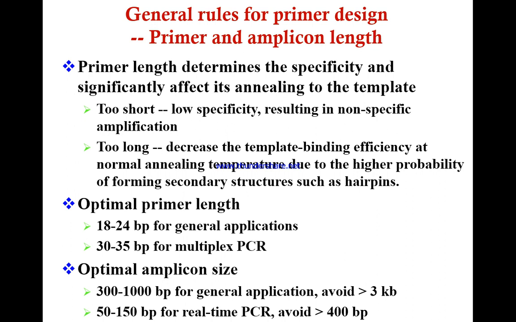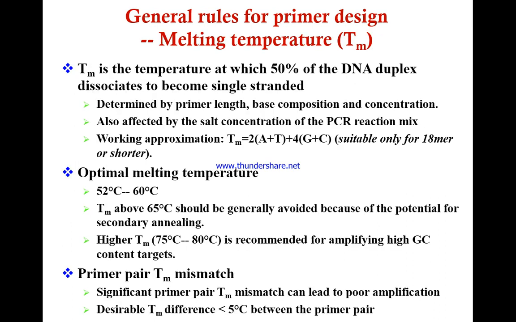If you want to amplify bigger DNA, then we can go for other sources like plasmids or viruses to make gene libraries. 50 to 150 base pairs for real-time PCR. Avoid greater than 400 base pairs.